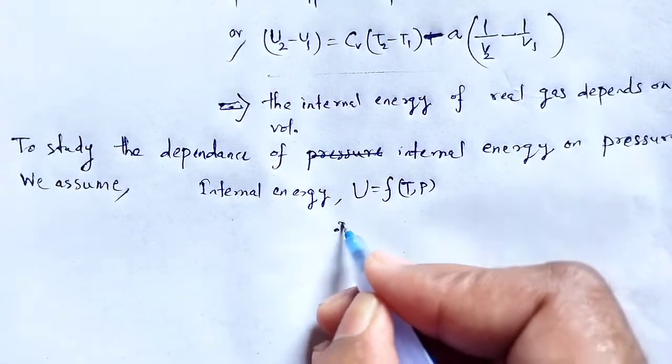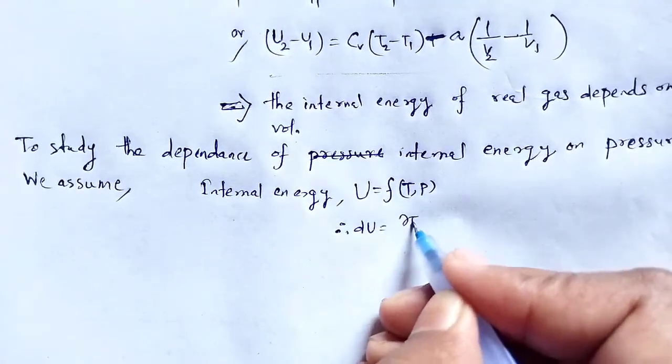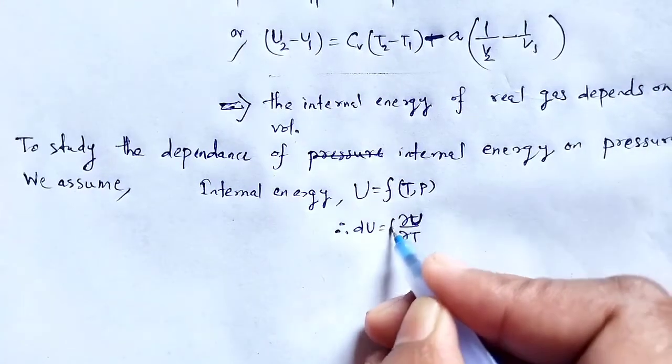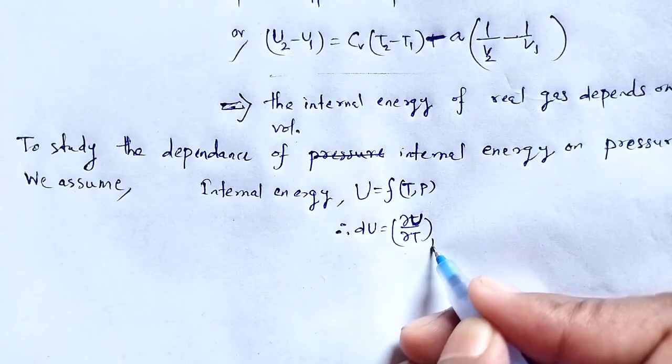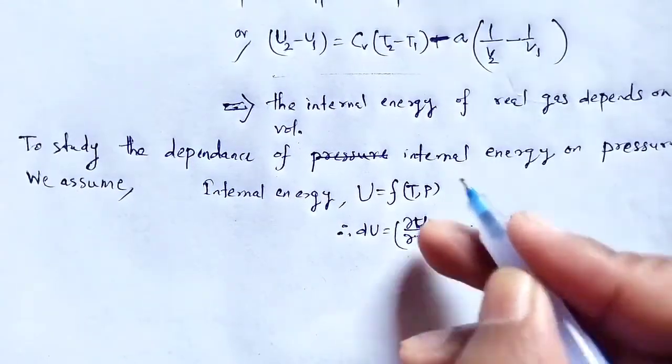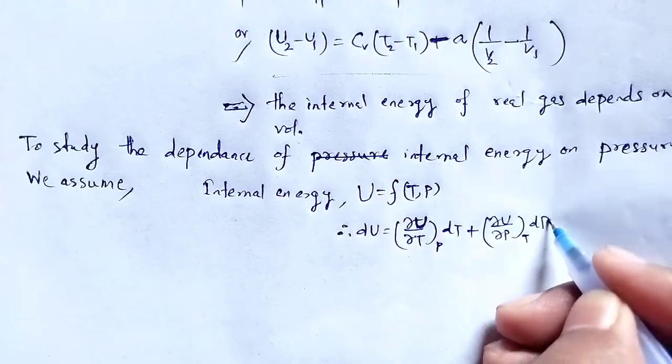Therefore dU = (∂U/∂T) at constant pressure dT plus (∂U/∂P) at constant temperature dP.